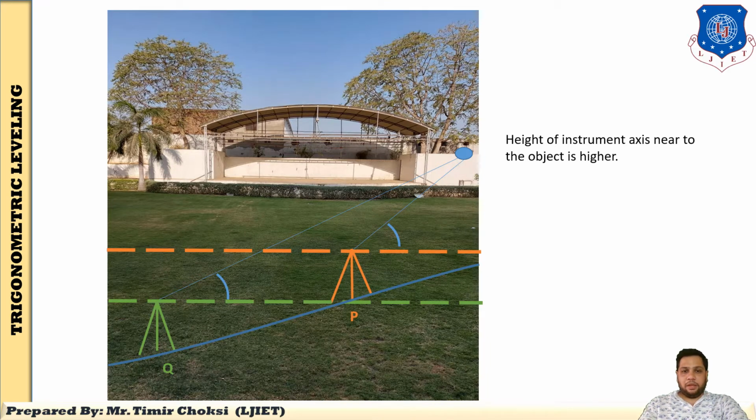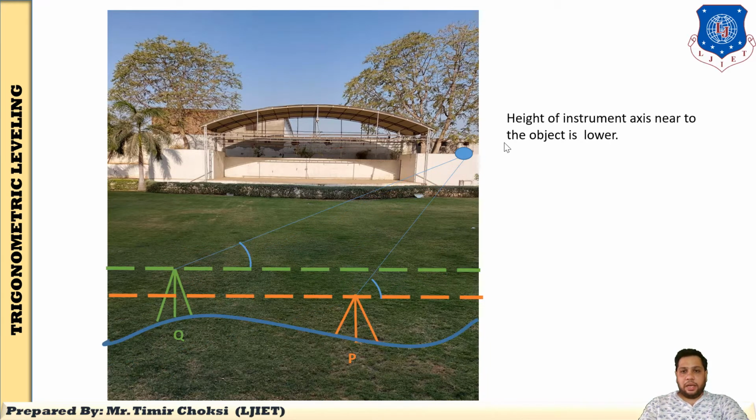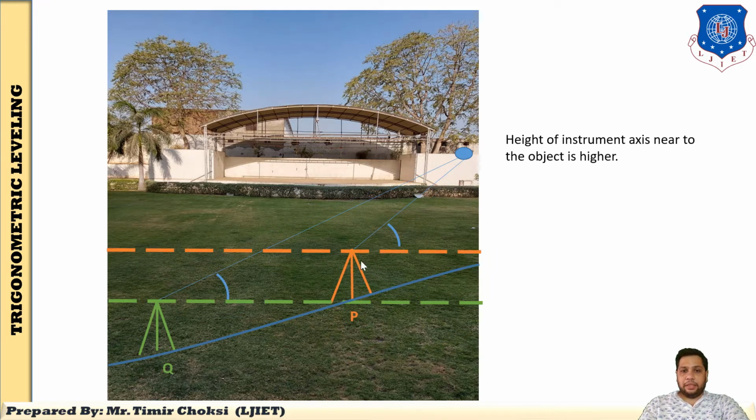I will repeat: first, this is our object, P is the instrument near to the object, but its height of instrument is on the lower side. In case B, the instrument is near to the object and its height is on the upper side, meaning it is higher.